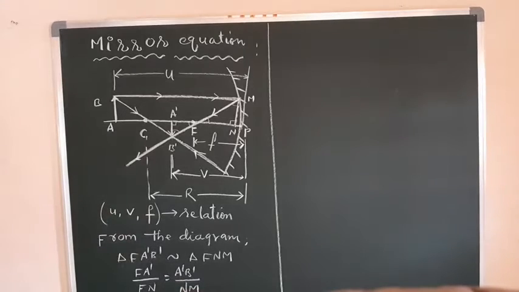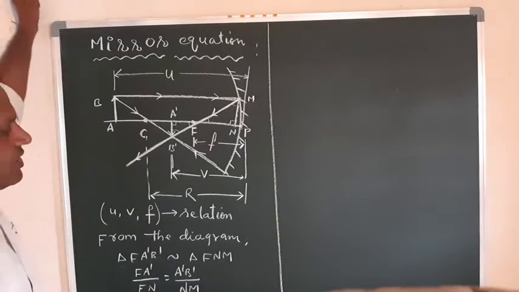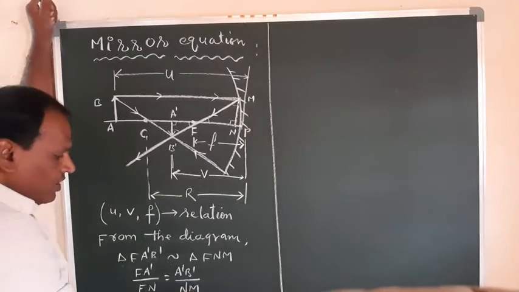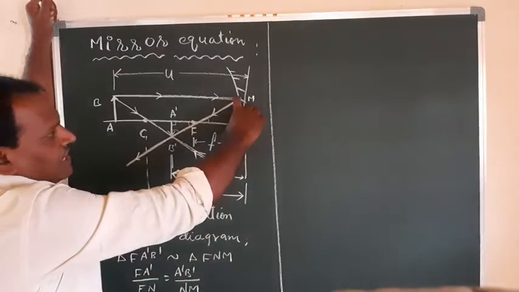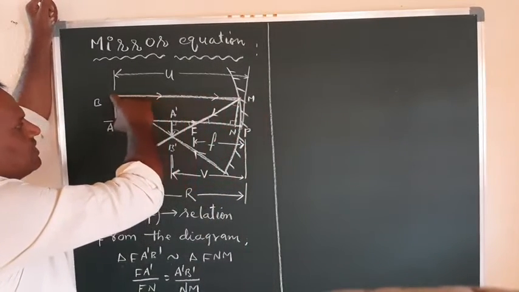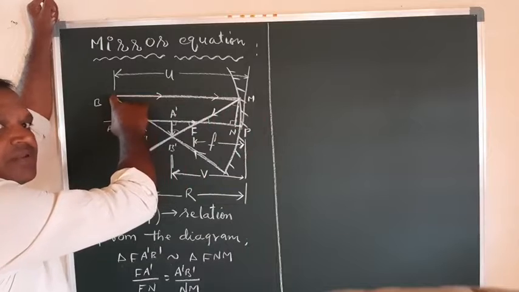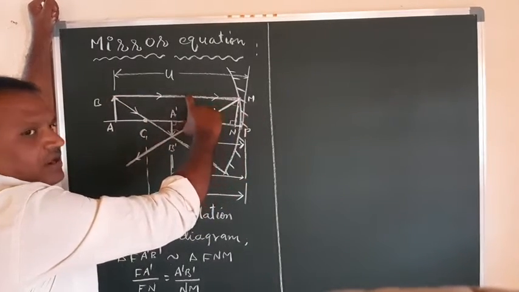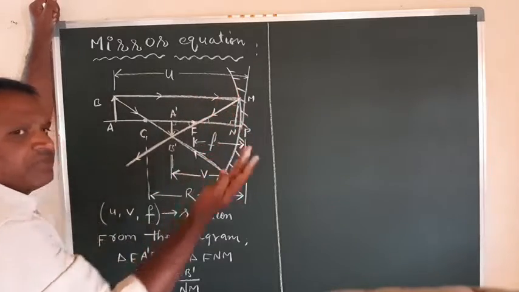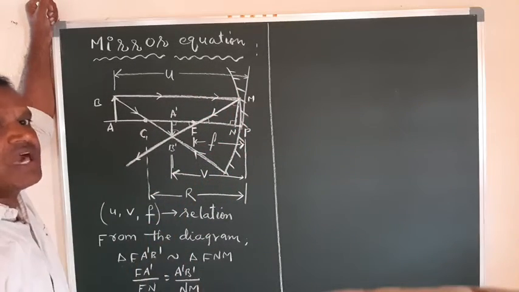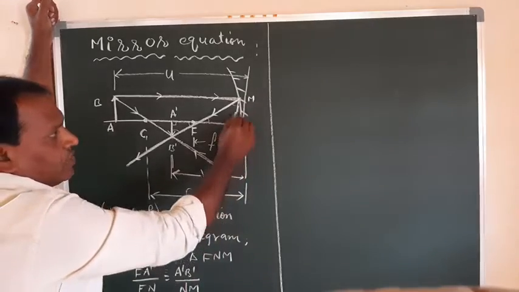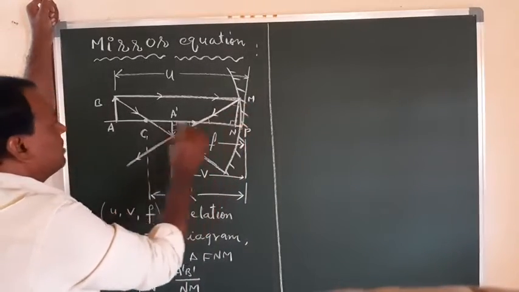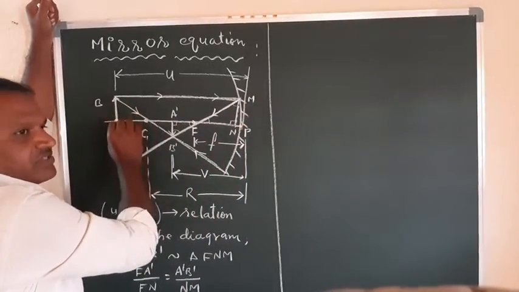Now you can see here that this NM is nothing but AB. See the diagram properly. Observe here: this perpendicular, because these two lines are parallel, the perpendicular distance between two parallel lines at any location is equal. So this perpendicular distance N to M is equal to the object distance, that is AB.